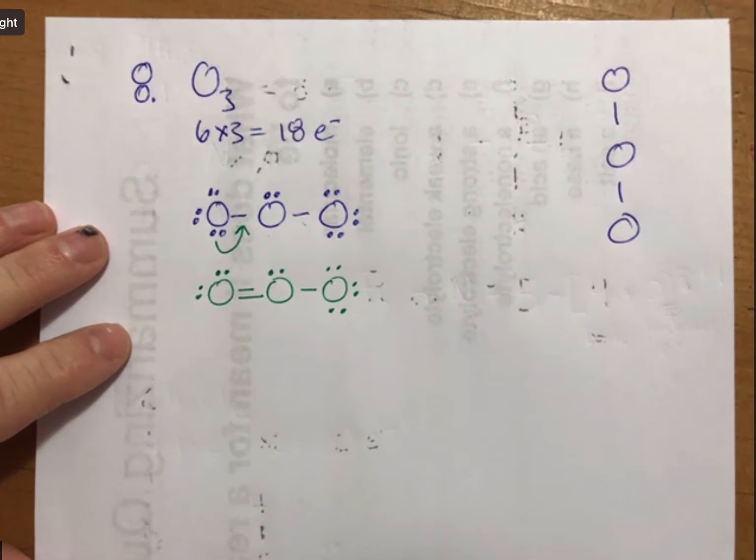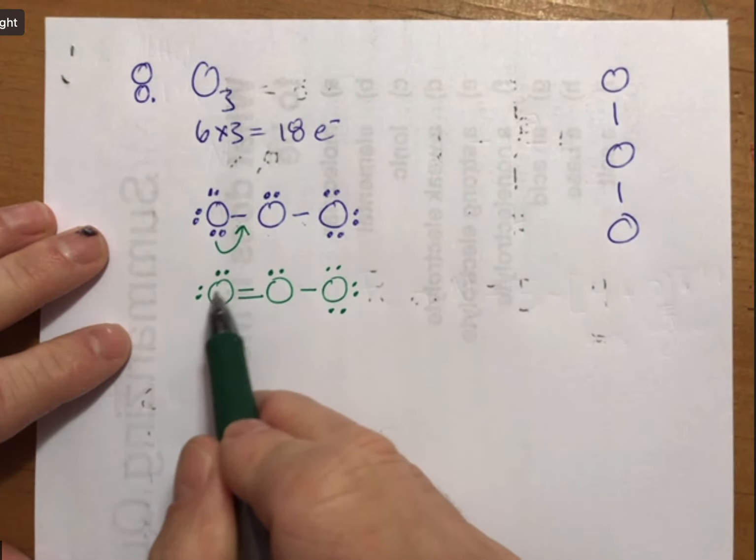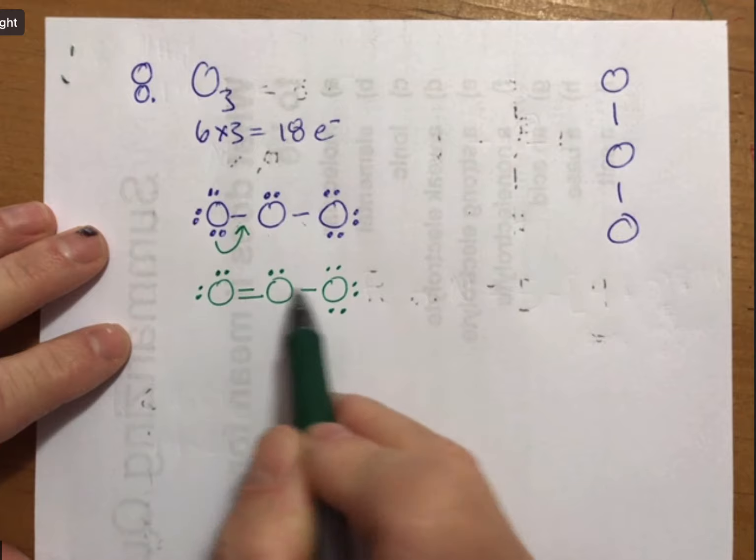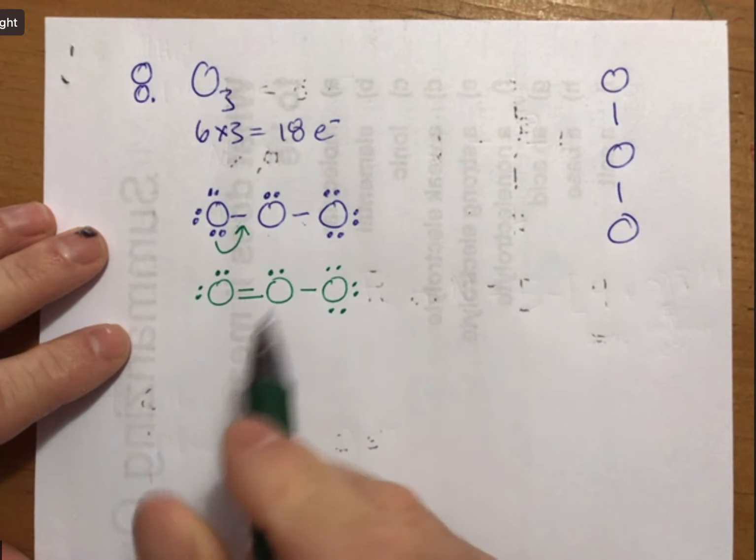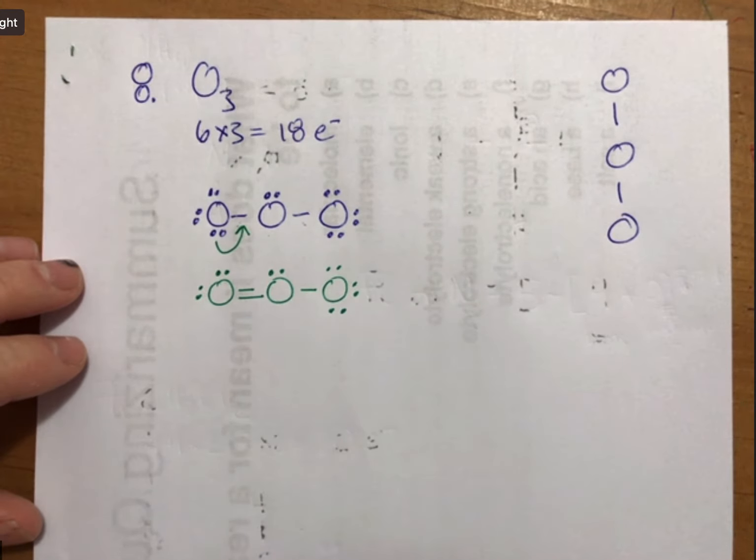And my revised Lewis structure has an octet, 8 and 8 and 8. All 3 of these oxygens are happy, meaning they all have octets.